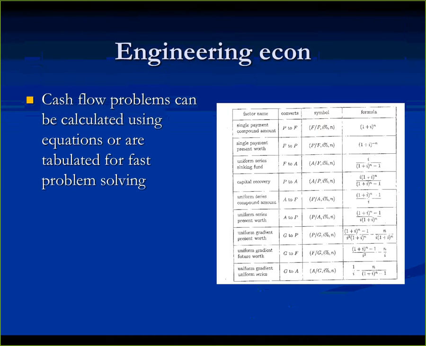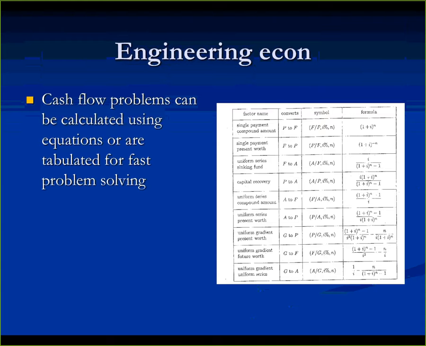Just as an example, if you wanted to use an equation, you might get a question like: if you put $1,000 into a savings account and the annual interest rate on the account is 6%, how much money would be in the account after 5 years? The equation from the previous slide that converts the present value to a future value is: the future value equals the present value times the factor 1 plus i to the nth power, where i is the interest rate and n is the number of time periods in your particular situation.